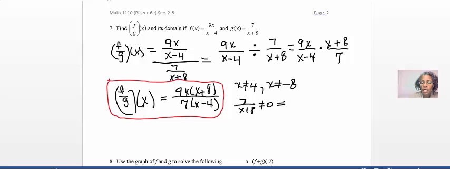So notice 7 over x plus 8 is never 0. So I don't run into any problem because there aren't any x's that make that 0. If there were any x's that made it 0, those would have to be omitted as well.